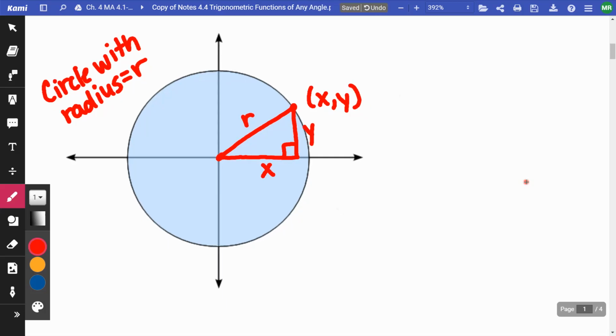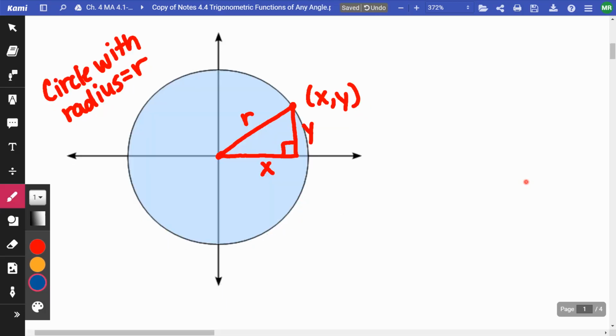But the difference is when we are thinking about SOHCAHTOA, my hypotenuse this time is not r. So that means my sine is not going to be just the y, and my cosine is not going to be just the x.